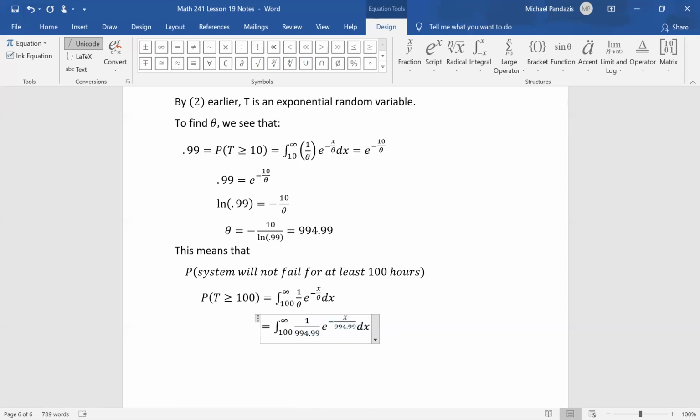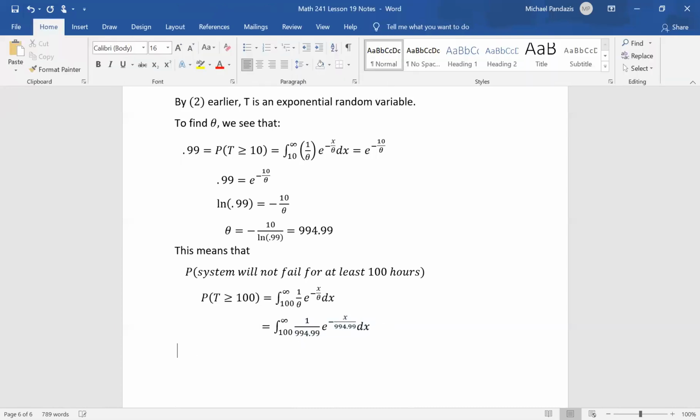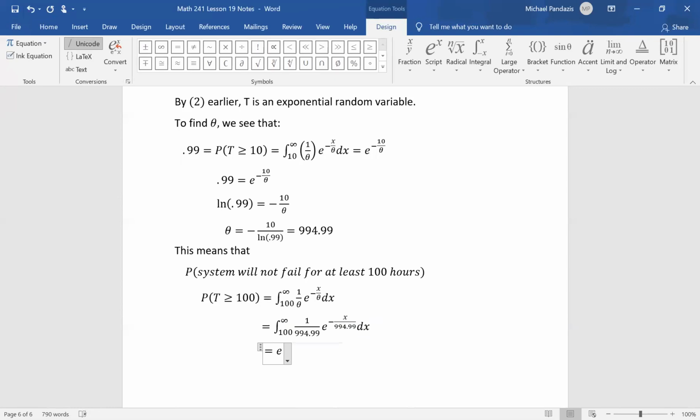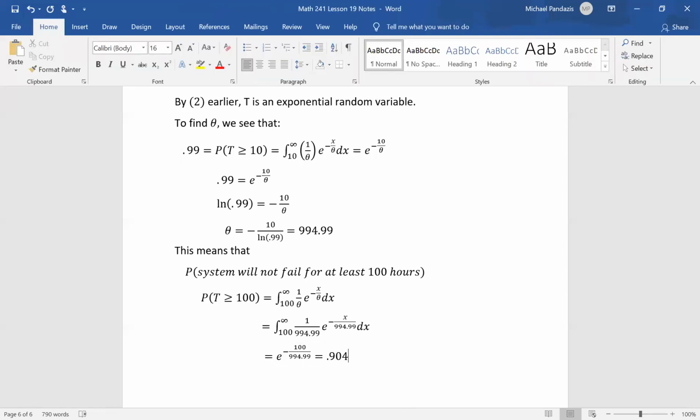Okay, and then that's equal to, calculating it, we get e raised to the negative 100 over 994.99. That's equal to 0.904. Right, and so that's the probability that the system will not fail for at least 100 hours.